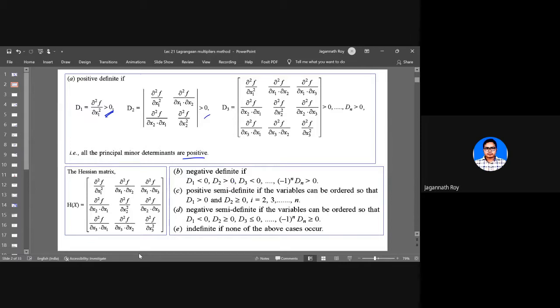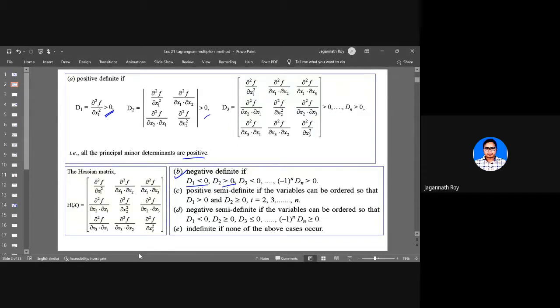Similarly, for a negative definite matrix, the first principal minor D1, that is the first term, will be negative. After that, the minor of order 2 will be positive, and then it will alternate between negative and positive for a negative definite matrix.